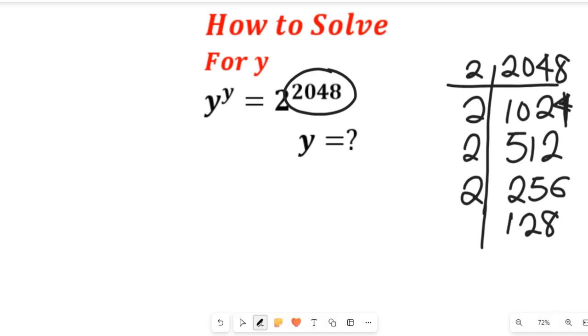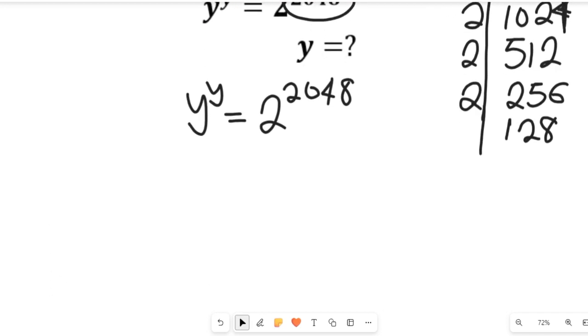Now let's consider these factors and see how we'll apply them. Remember a law of indices. If we have y to the power of y equal to 2 to the power of 2048, we can apply a law of indices to simplify this. From the law of indices, a to the power of x, all to the power of y, is equal to a to the power of x multiplied by y.